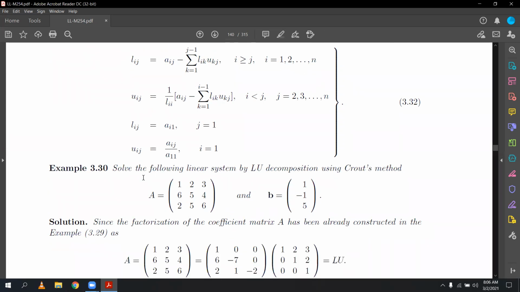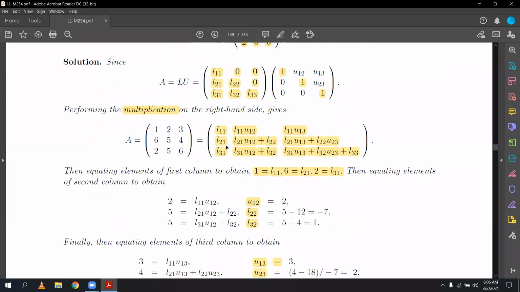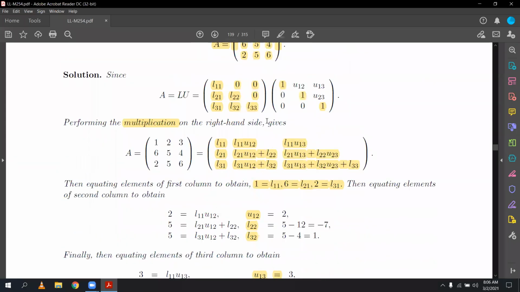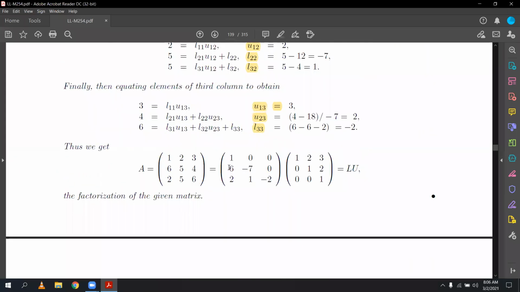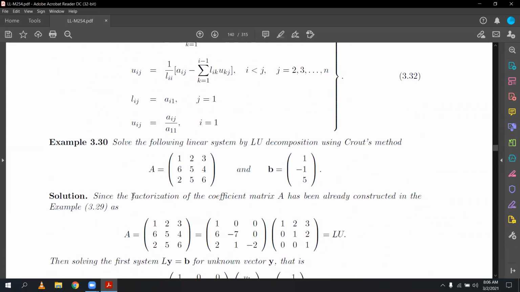So first step, you have to find the LU decomposition of A from the previous example, exactly the same. We already have the elements of L and U.